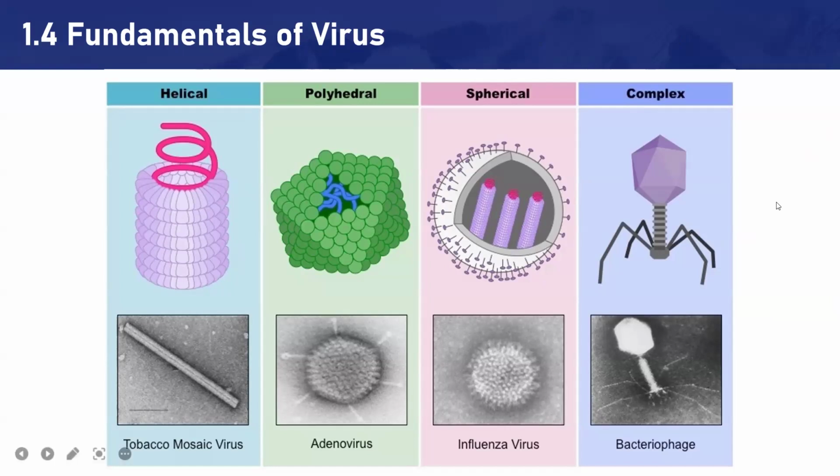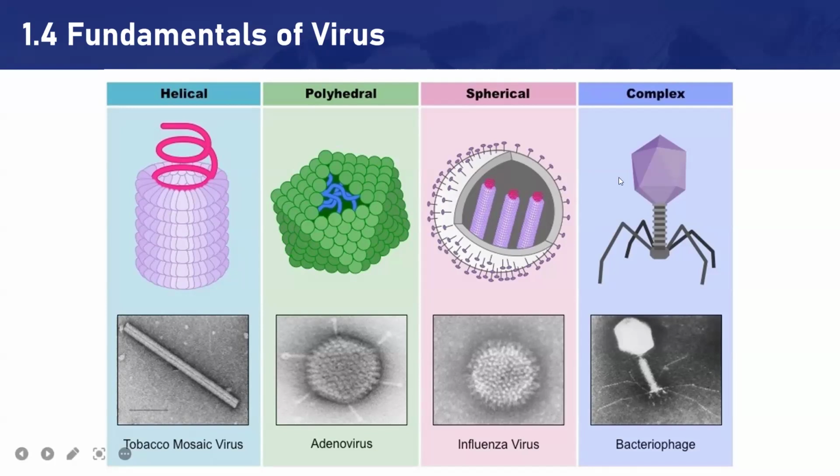Actually, we have many ways to classify viruses. However, usually we can divide viruses into four groups. The first one is helical virus, such as the tobacco mosaic virus, a very serious viral disease in tobacco.